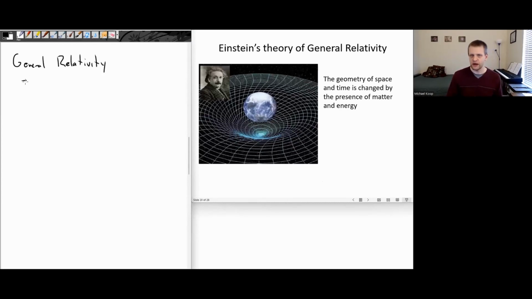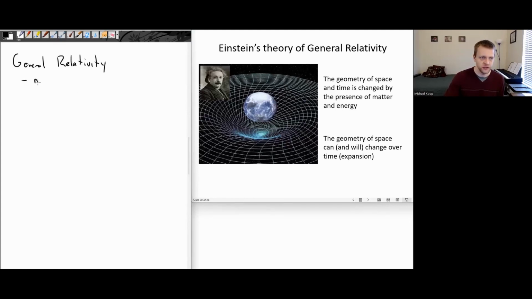The basic idea of general relativity is that what we perceive as the gravitational force is basically the effect of how the geometry of space and time, how we actually measure distances and times, is affected by massive objects or by large amounts of energy. The basic idea is this: the geometry of space and time is changed by the presence of matter.